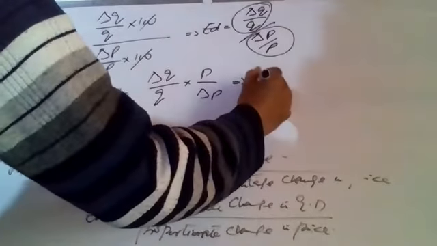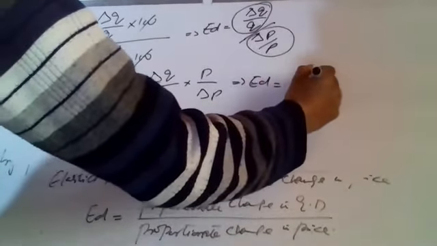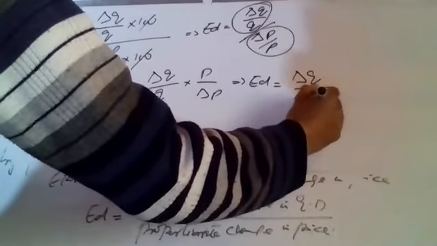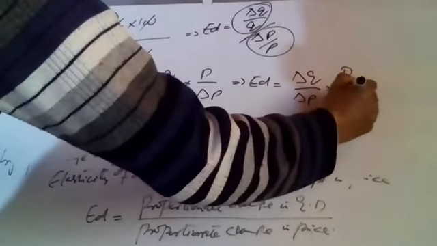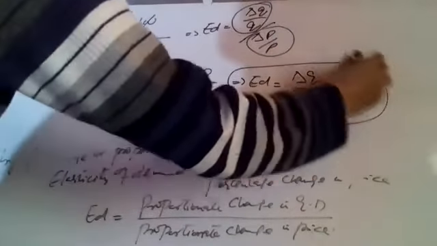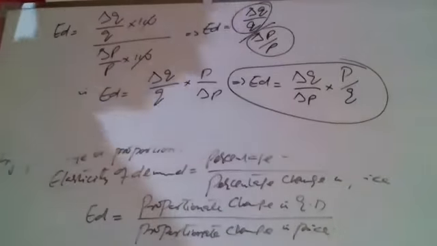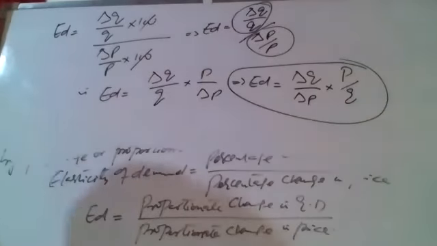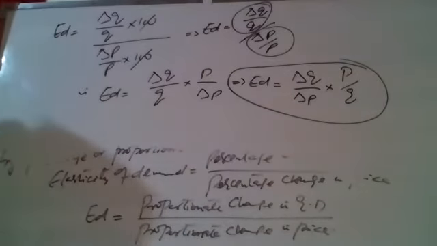Thus, ED is equal to delta Q by delta P into P upon Q. So this is the final formula for calculating the elasticity of demand by percentage or proportionate method.